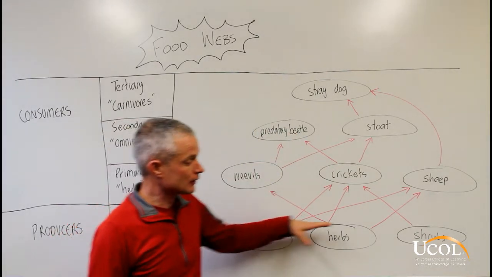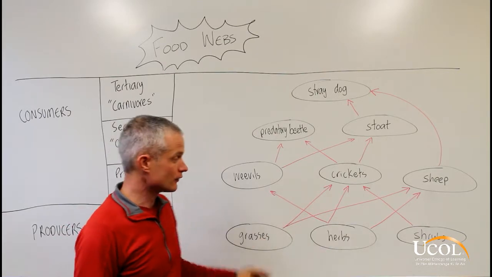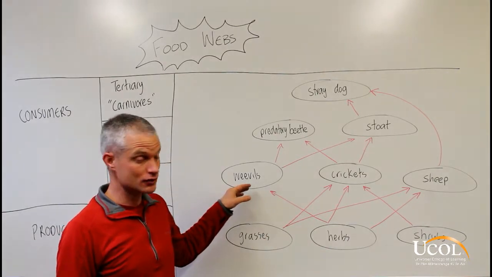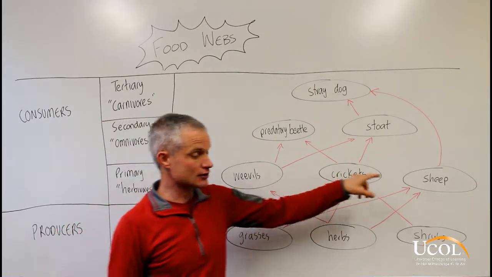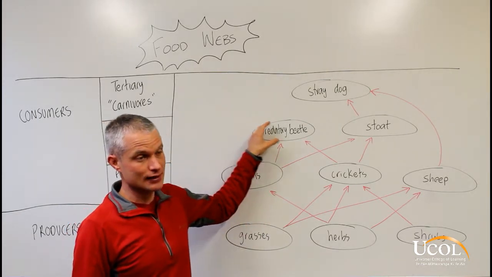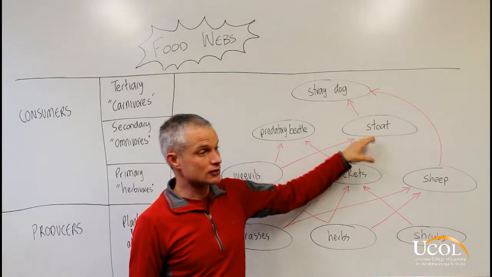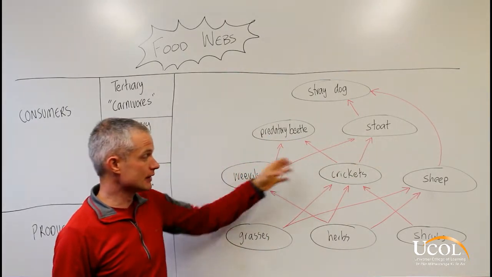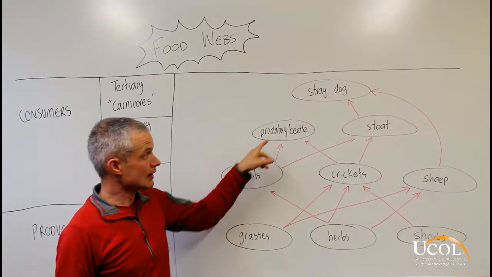Using that structure, you can start to organise where the particular individuals fit within the food web. You get all the producers along the bottom: the grasses, herbs and shrubs. Above them are the primary consumers, all the herbivores: weevils, crickets and sheep in this case. Then the secondary consumers, the omnivores or small predators: predatory beetles and stoats, which are generally eating just the herbivores here.